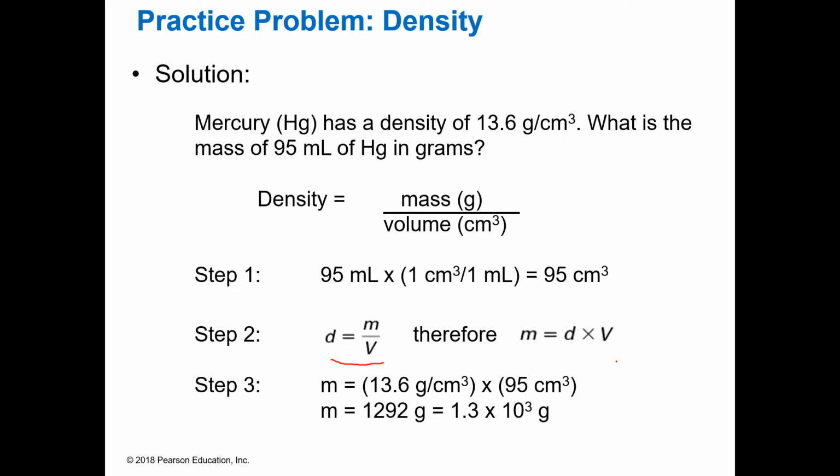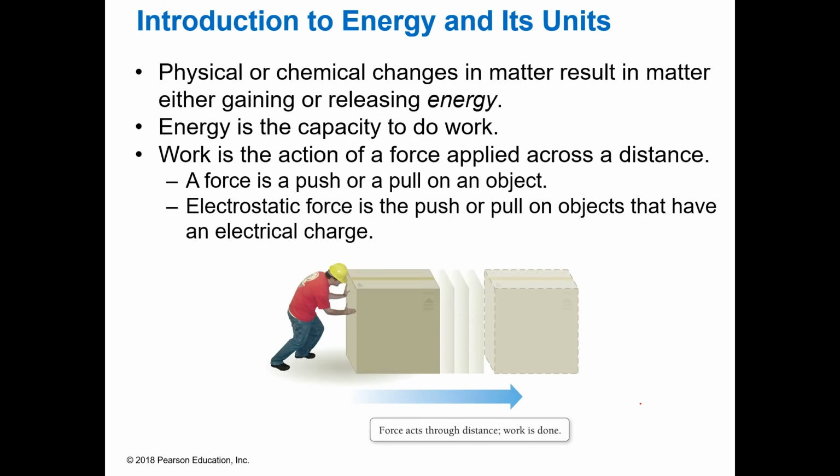Plug it all in, and get 1,300 grams. This is just another way of saying 1,300. All right, so one thing to note about density is it's the only way for you to convert between a mass and a volume for a given substance. So you need to know the density to do it.